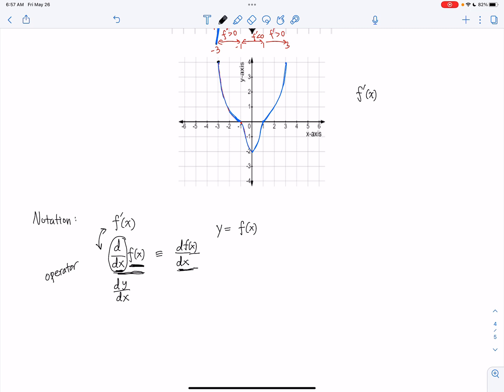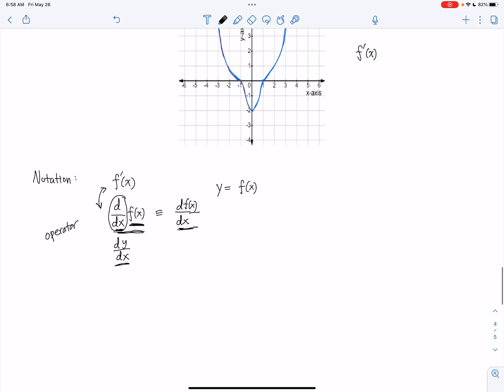If we label f(x) as your y, this output, you can do dy/dx. Now, sometimes I want to find the derivative at some point, not just this general x. I just want to focus on a specific value a. So this is the derivative of the function f at a specific location a.